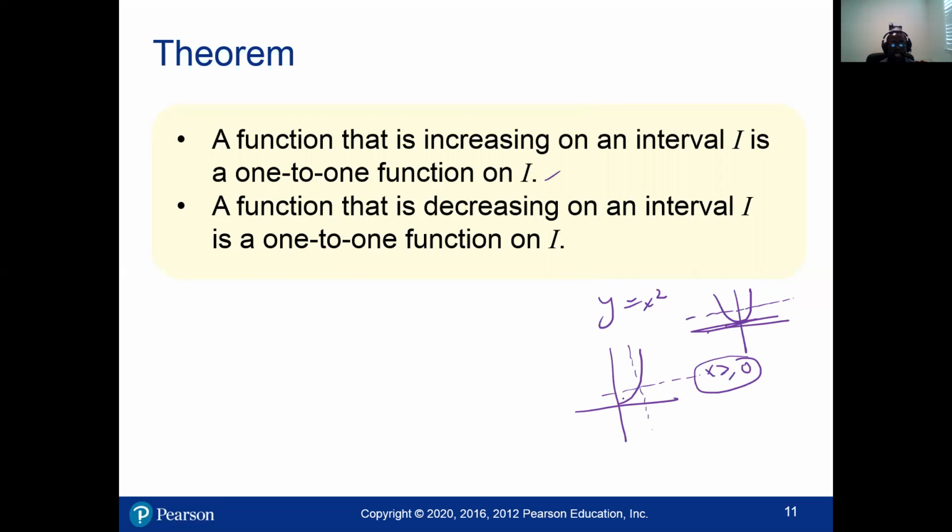That is why, if it is increasing, it is going to be one-to-one. On the other hand, if it is decreasing, the other half of the graph, from negative infinity to 0, then it will also pass the horizontal line test.